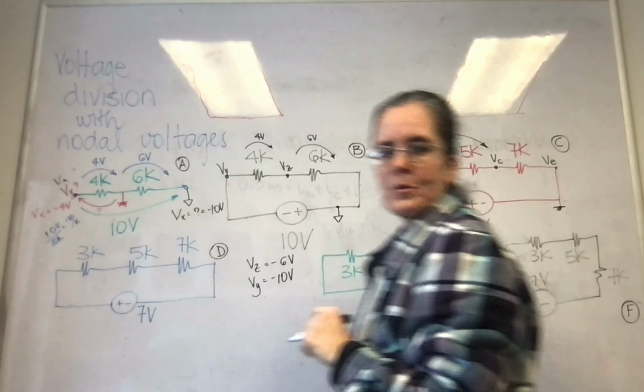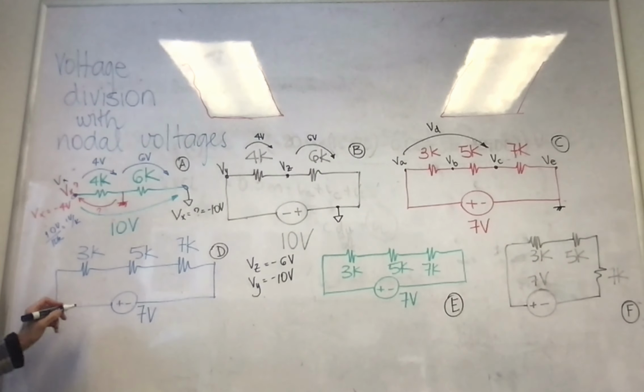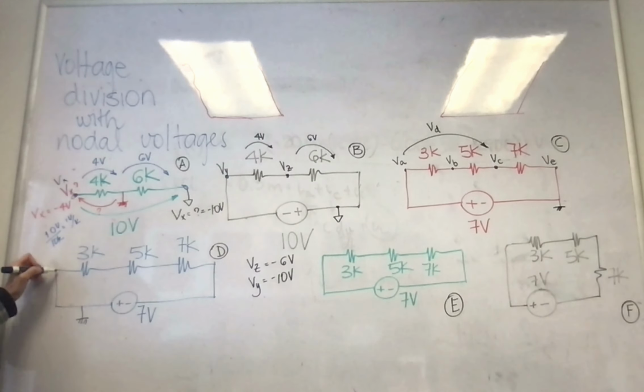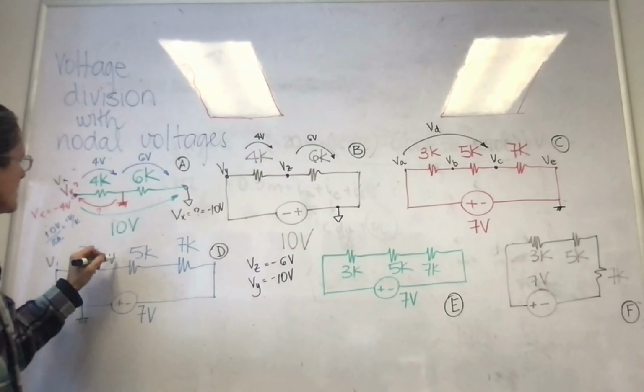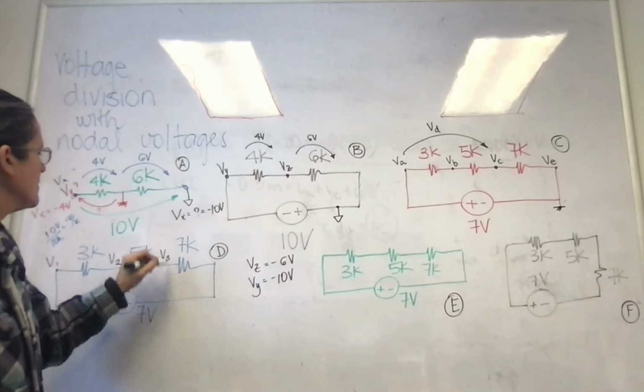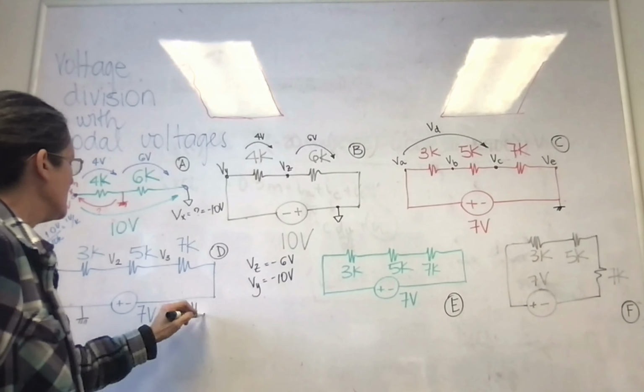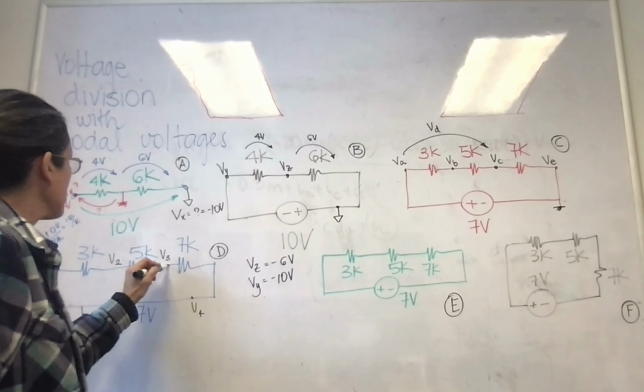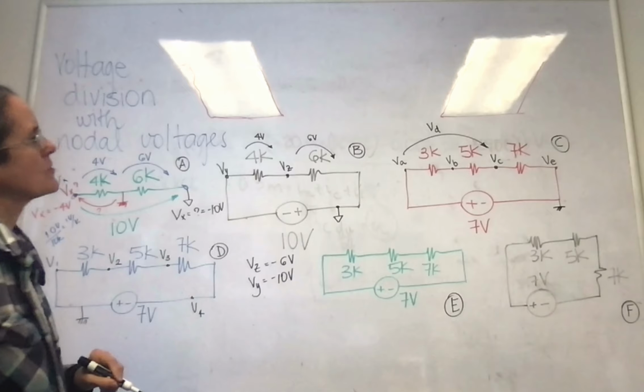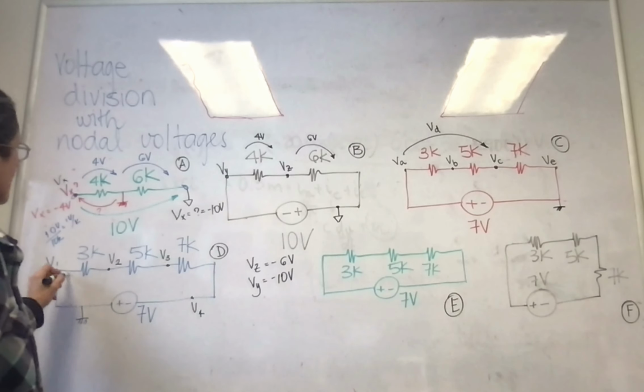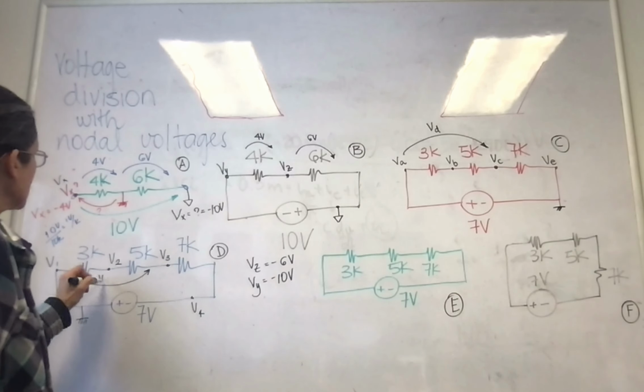And now I'm going to switch ground, and I'm going to put ground on this side, on the positive side. And I'm going to ask the same questions. V1, V2, V3, V4, and then also the same, what is V5 here?